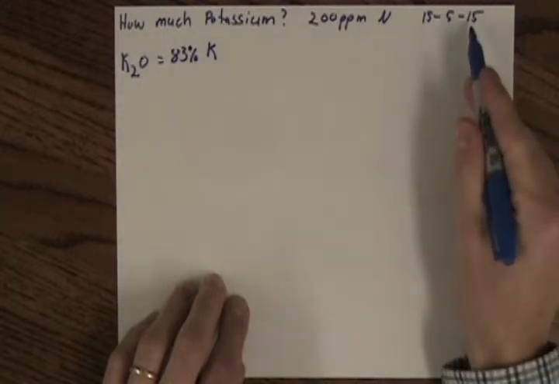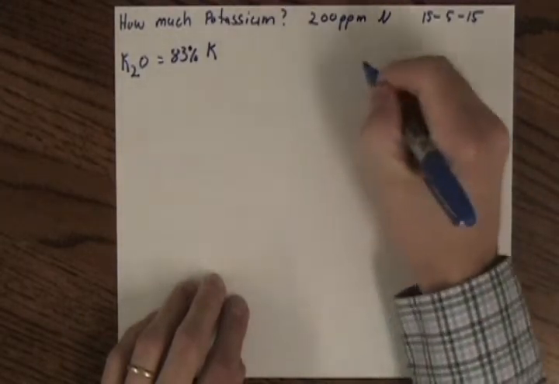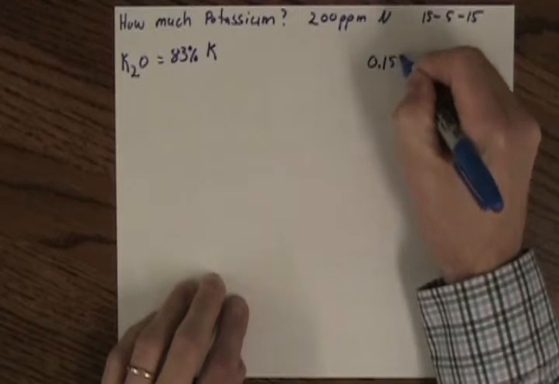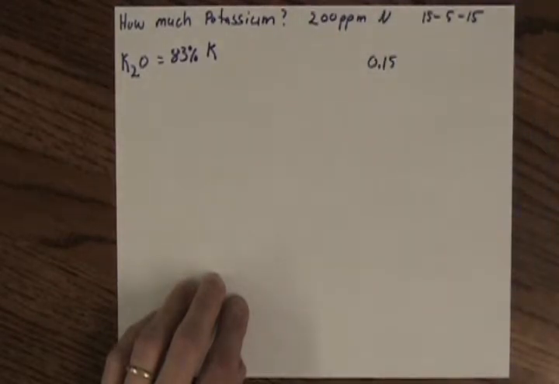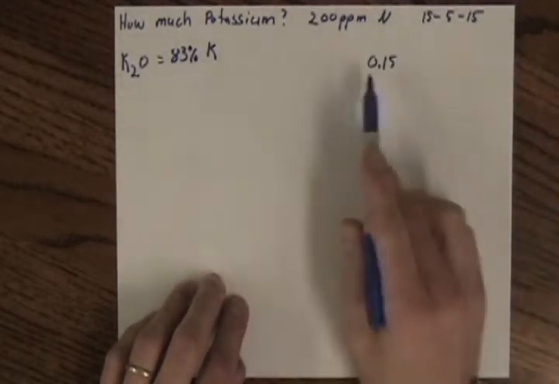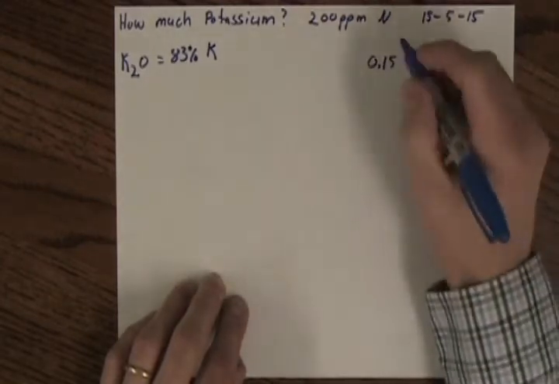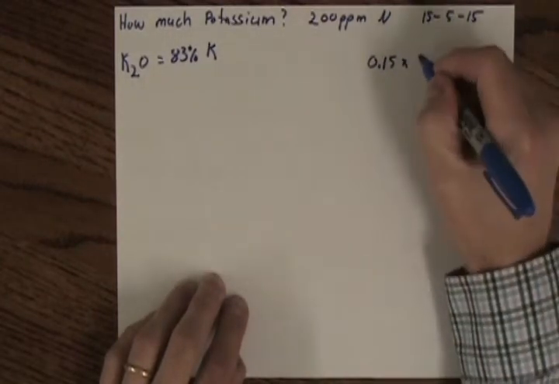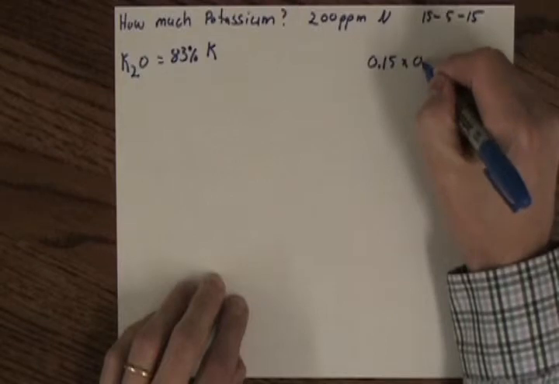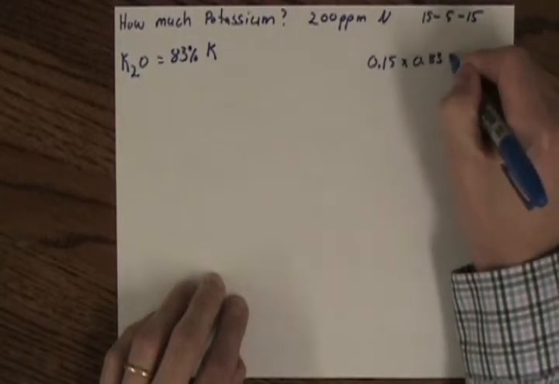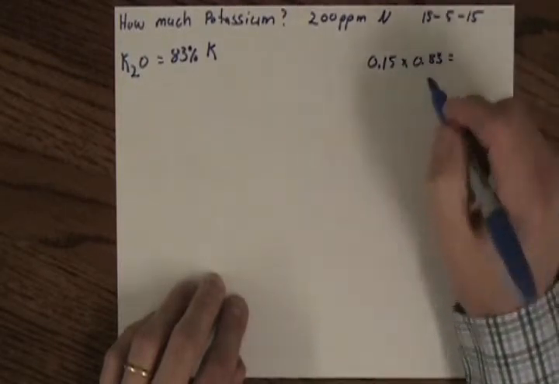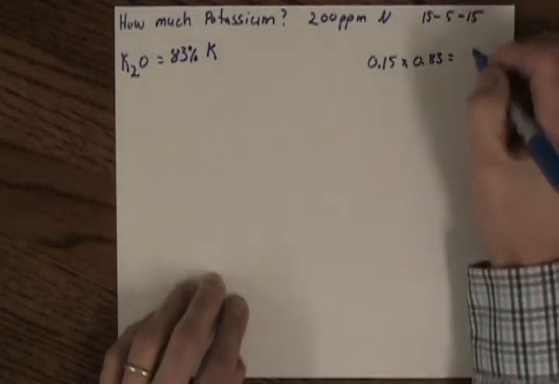So we know that potash is 15%, or 0.15, of that fertilizer, and of that potash, 83% of it is potassium. So let's multiply that by 0.83, and we get 12.45.